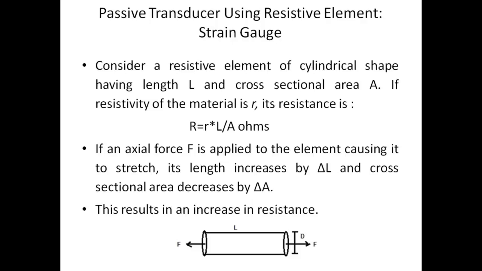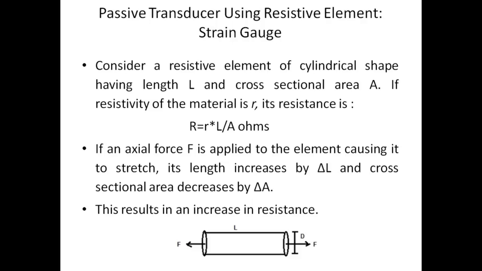Now when I apply this force, when I stretch this element, there is a change in the length and area which actually results into an increase in resistance. So corresponding change will be reflected in the voltage of that circuit, right? Similarly, if I apply this stretching force in a vertical manner, that is from top to bottom, what happens? The length will decrease and the cross-sectional area will actually increase.